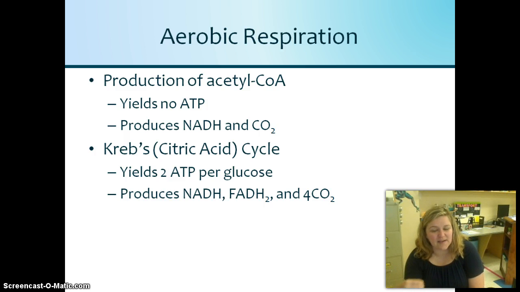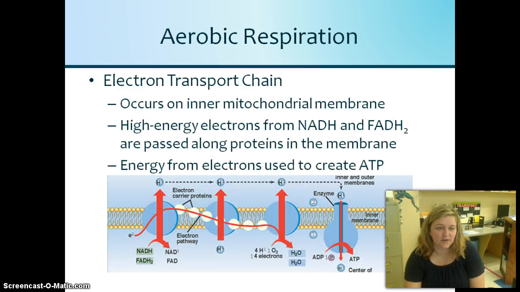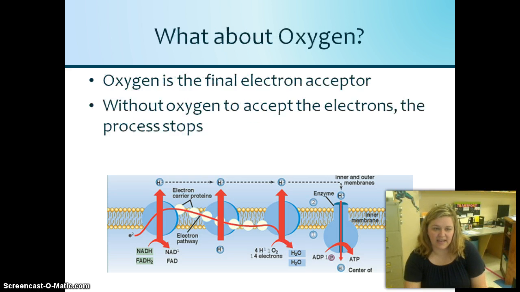This, again, is some extra information that you don't really need to know. The electron transport chain occurs in the inner mitochondrial membrane. Remember, the mitochondria is made up of 2 membranes. We get a lot of energy from electrons that we then use to create ATP. Oxygen is the final electron acceptor, so it grabs onto that electron and it makes the ATP that we need.